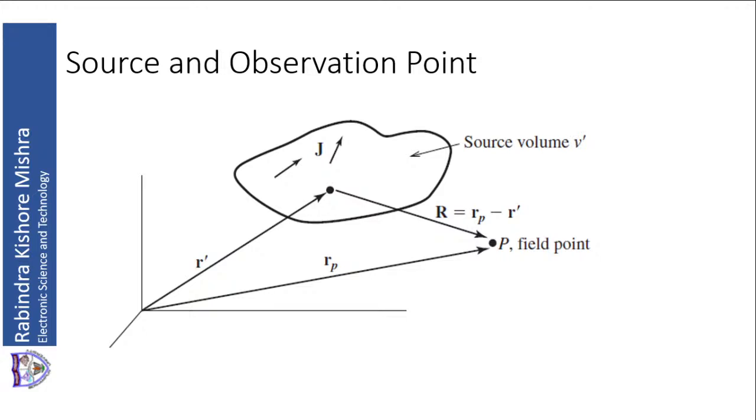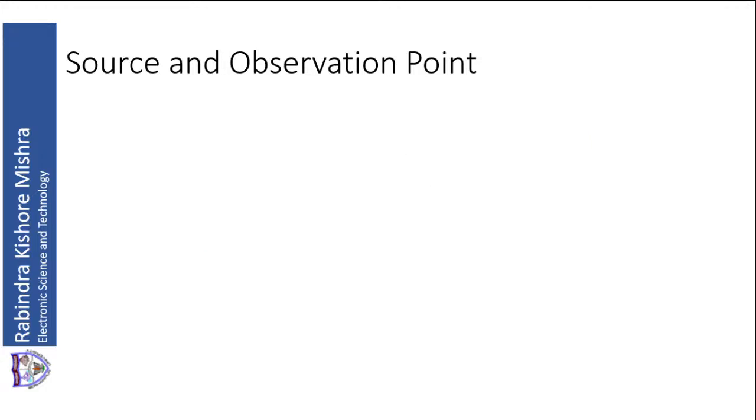But the general condition is: for the source we have a vector r dash which represents its position vector. For the observation point we have a vector RP which represents its position vector, and the vector from the source to the observation point or field point is capital R, which is equal to RP minus R dash. So we'll start with this.